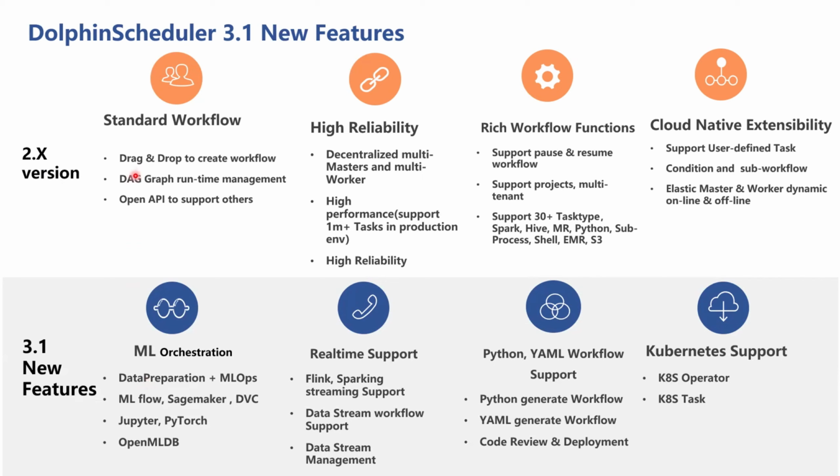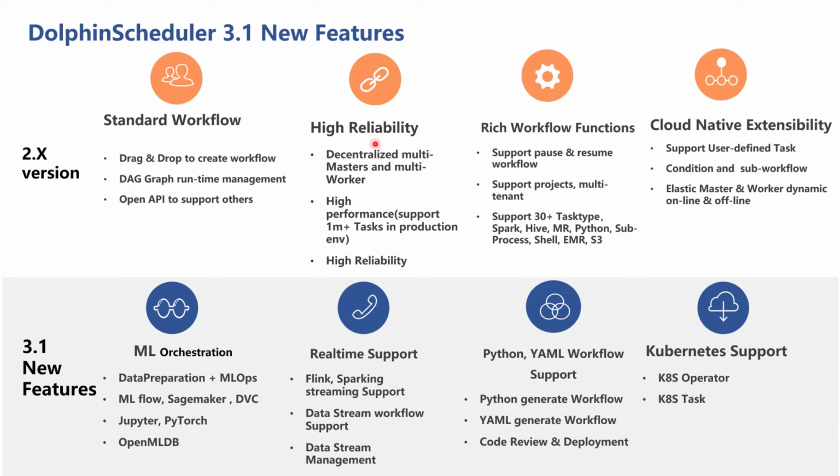First, we have drag and drop to create workflows, which lowers the technical requirement and lets people with less coding experience use it. We also have DAG graph runtime management and an open API. That means you can use the API to create, run, and stop a workflow, and to get workflow information, for better integration with other systems in your company.